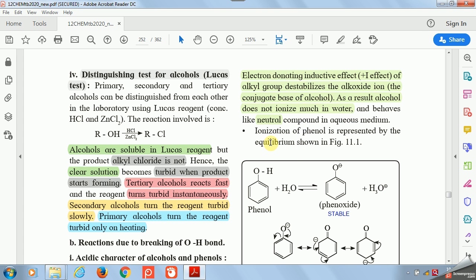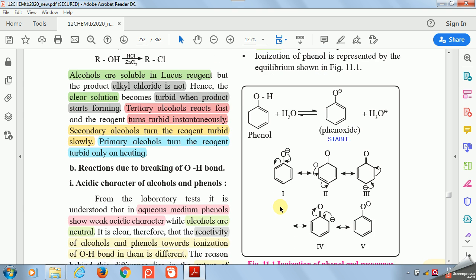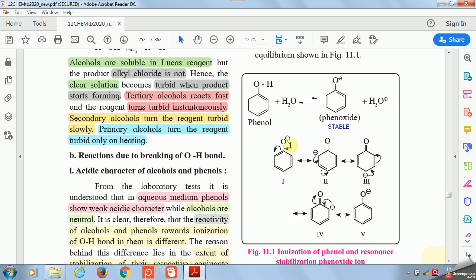But if you observe the ionization of phenol in its aqueous solution, phenol reacts with water and gives phenoxide ion by loss of this H, which is gained by H2O. So we get C6H5O minus, known as phenoxide ion. This is stabilized by these 5 different resonating structures. In structures 2, 3, 4, oxygen, which is the more electronegative atom, does not carry the negative charge.